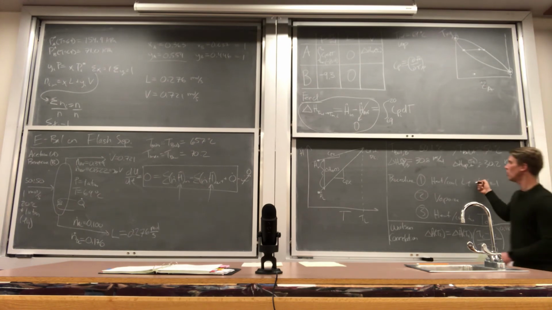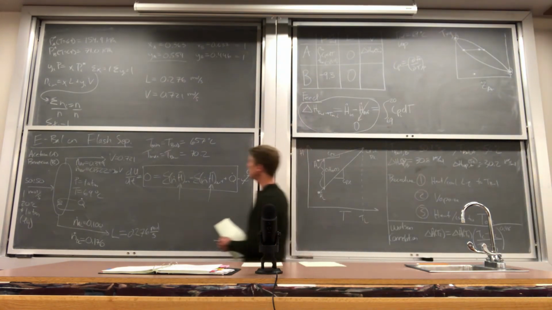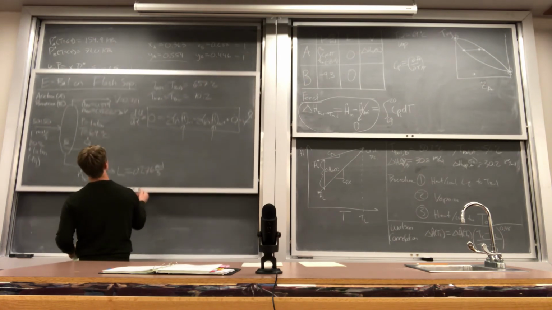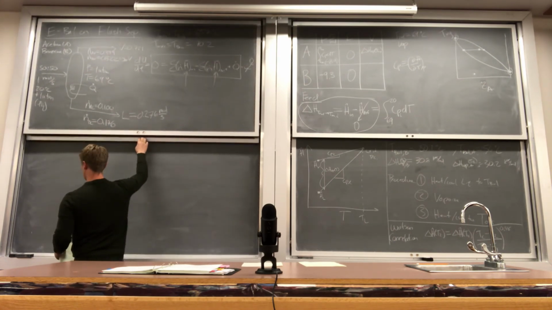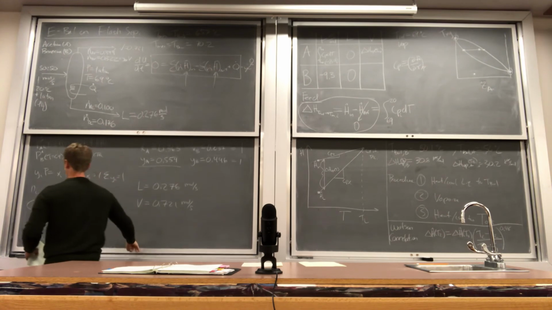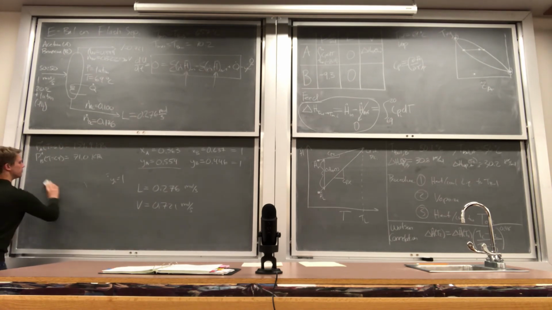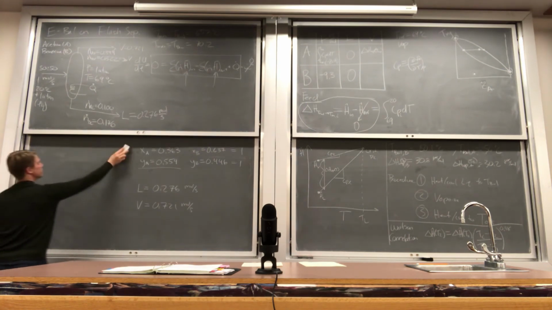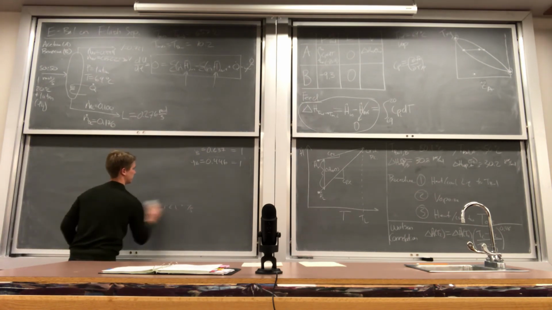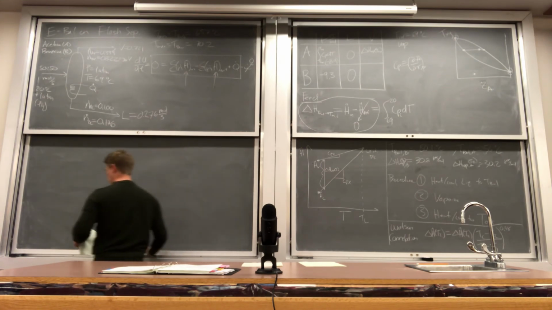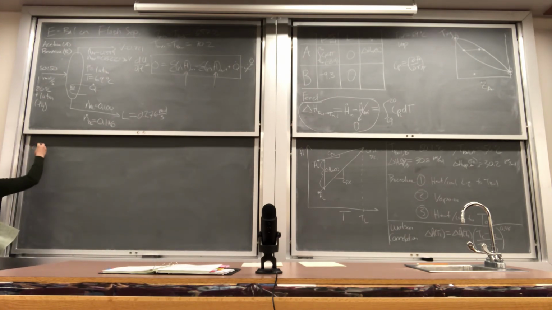All right, so let's go through this example here. I'm going to erase the board and we can finish up the calculation. So for benzene, I am calculating the delta H going from my reference condition to the conditions of the vapor stream.